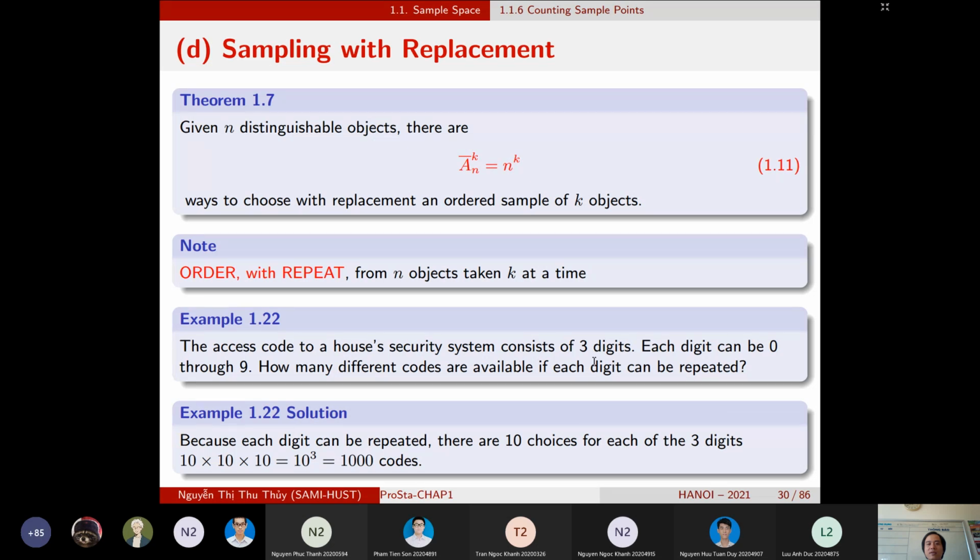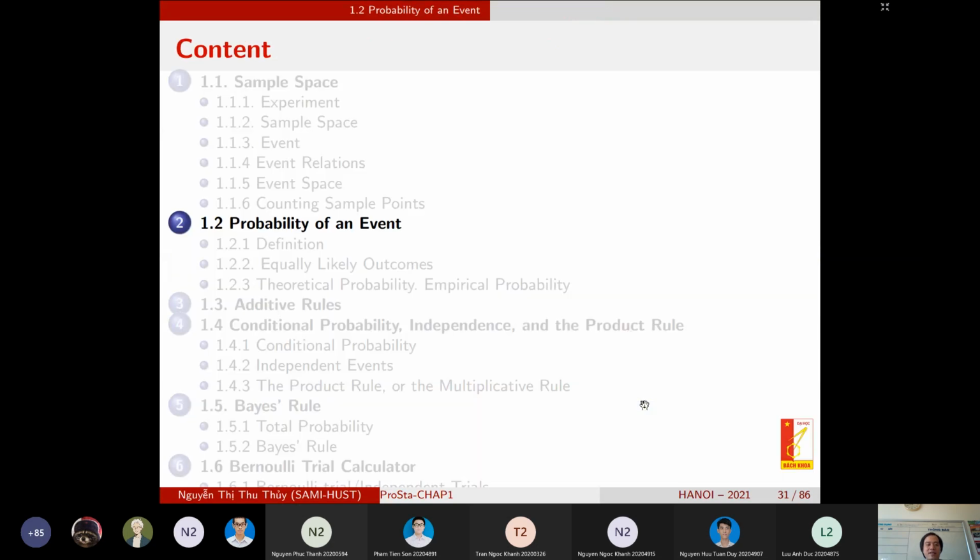If we want more security, now we set up a 4-digit code. So how many codes are there now? 10,000. Yeah, 10,000. If you want more security, you put more digits in your code. That's a very popular code now.